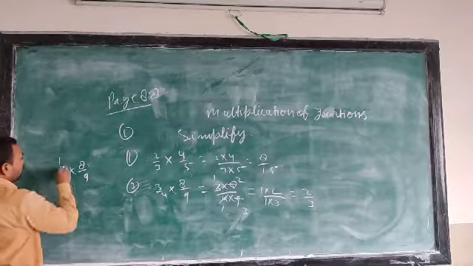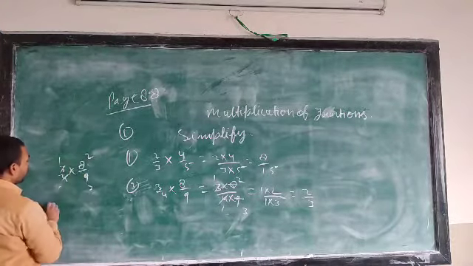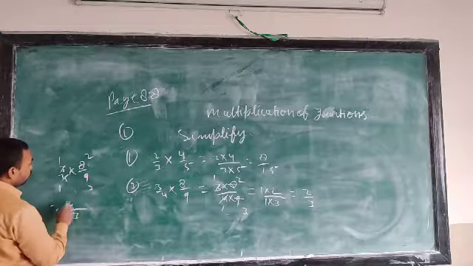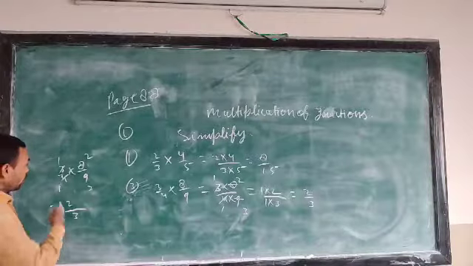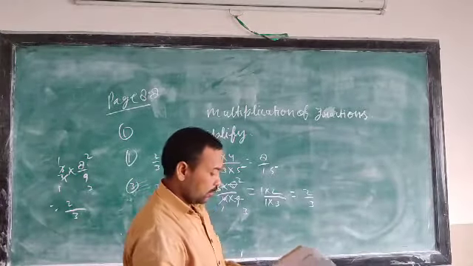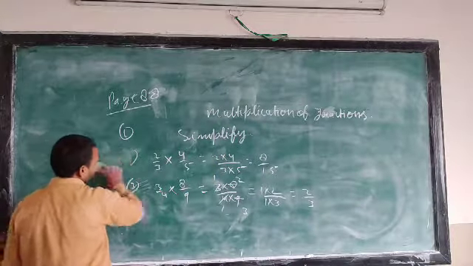Directly 3 by 3, 1 and 9 by 3, 3. 4 by 4, 1 and 8 by 4, 2. So 1 multiply 2, and here 1 multiply 3, 2 by 3. You have to understand, or you can do it any way. I hope you understand how to multiply fractions.